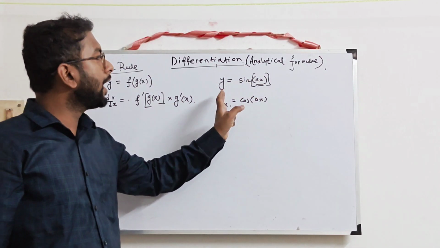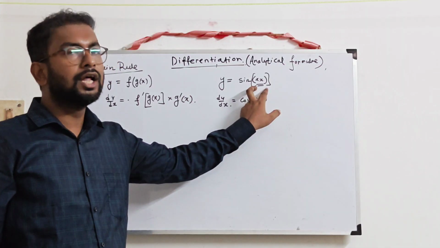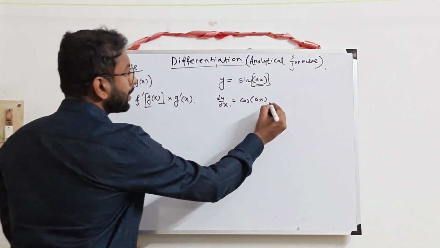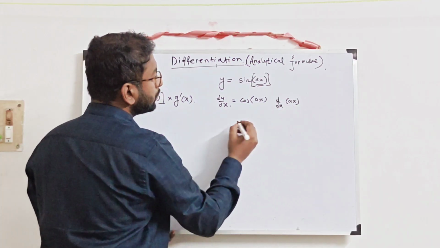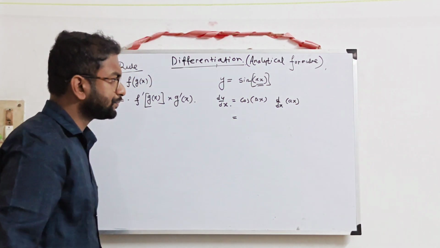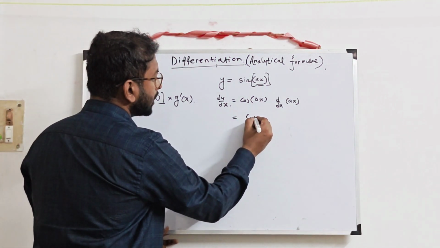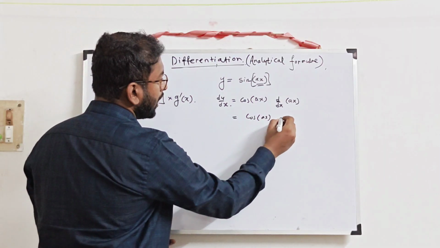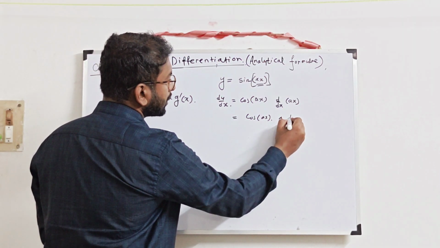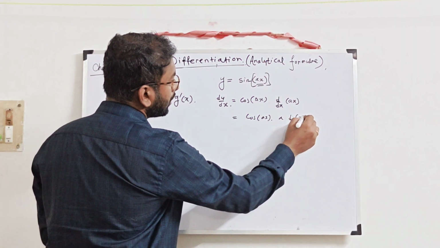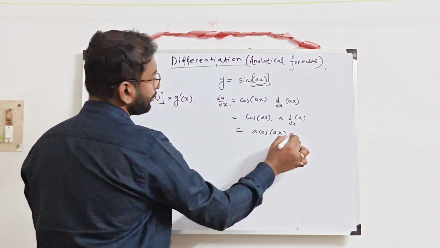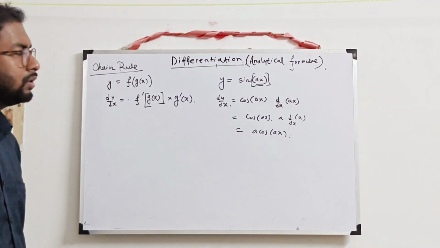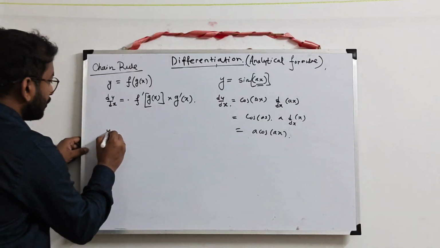That means you have to again differentiate the inner function, that is ax, with respect to x. Now if a is a constant, whenever there is a constant, it will come out of the differentiation and you will only differentiate x. So ultimately it becomes a cos ax. That's the chain rule.